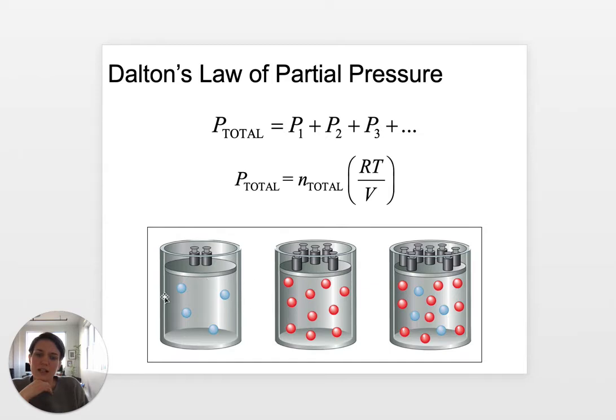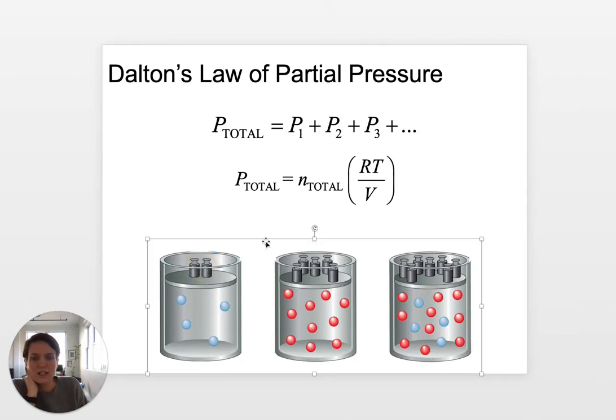So here we have one gas in a chamber, another gas, and the combined pressure, which they're trying to show with these weights on top of the piston, is the total pressure is equal to the partial pressure of each of those gases, right?